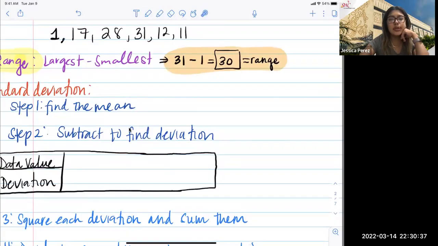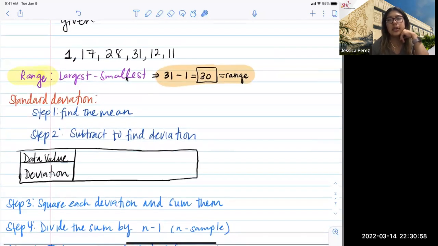Standard deviation is section 12.3, measures of dispersion. You can find exactly, step by step, how to find standard deviation in section 12.3 under PowerPoints in my modules. So I actually write it here.